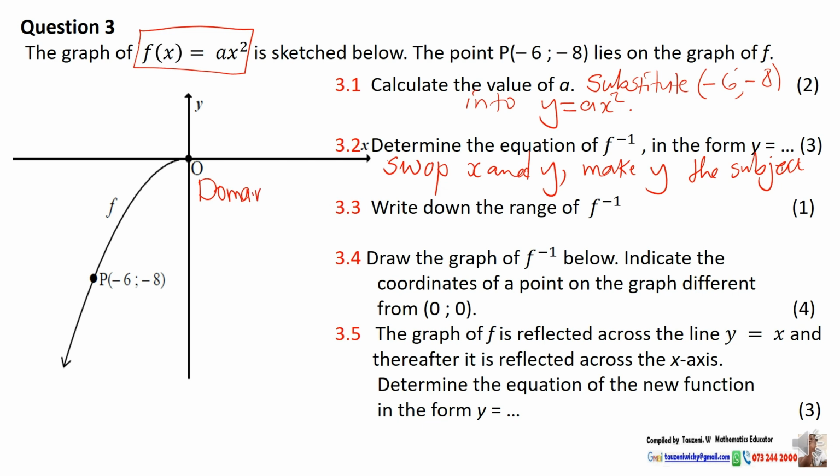Where does the graph start and where does it end? The graph starts from the negative side and it ends at 0. So the domain for this graph is from negative infinity to 0. This is the domain of f. So from the domain of f, we can get the range of the inverse.